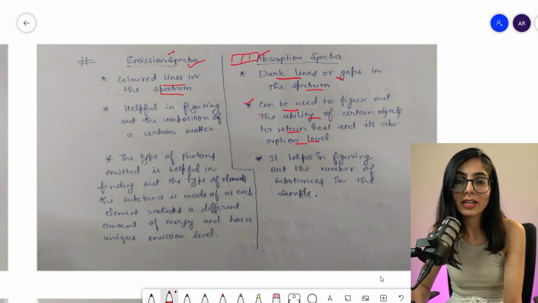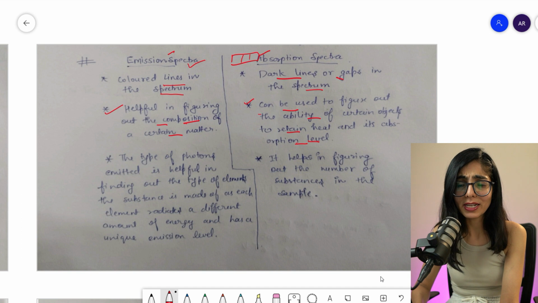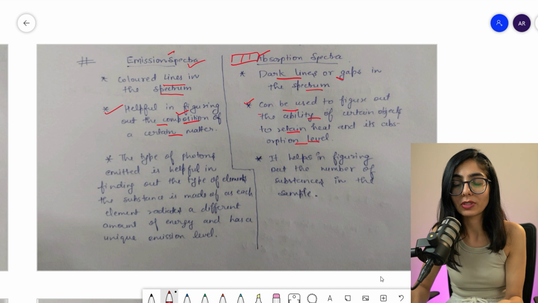And over here, emission spectra is helpful in figuring out the composition of a certain matter. Suppose a matter is there and emission spectra is taking place over there. You will be able to find out the composition of that matter, what that matter is made of and what composition it possesses.